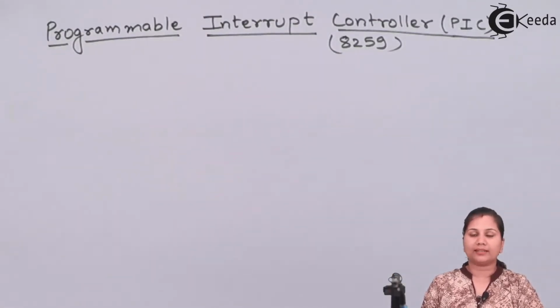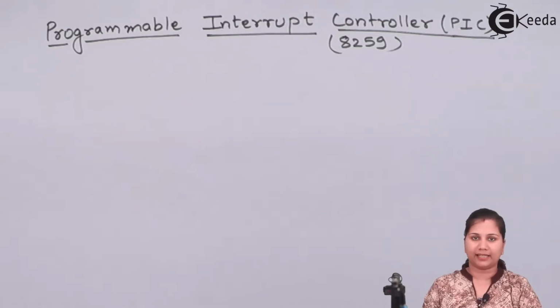Now we know that the 8085 microprocessor has 5 hardware interrupt pins, and these hardware interrupt pins are TRAP, RST 7.5, 6.5 and 5.5, and INTR.